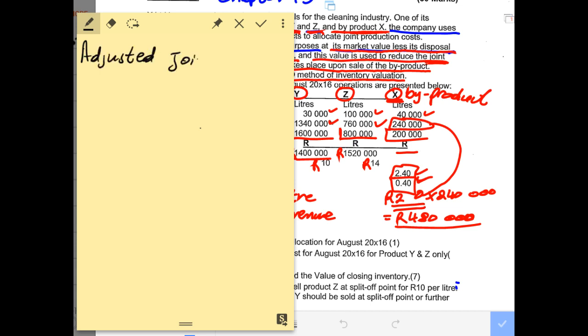Our adjusted joint cost will be the total of the 2,015,000 rands minus the revenue generated from the sales of the byproduct, which is 480,000.